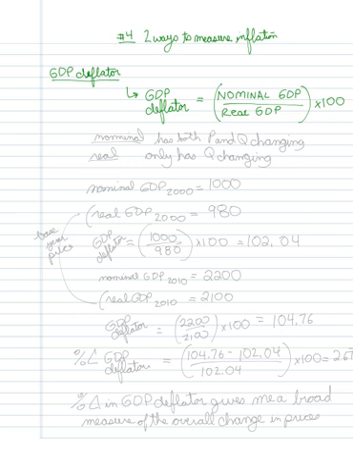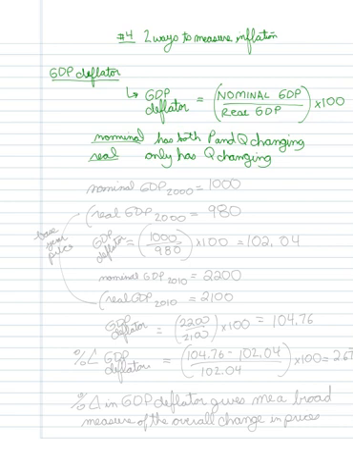Because essentially what differentiates nominal and real is that nominal has both price and quantity changing, and real only has quantity changing. Which would mean that if you took a ratio of the two, you'd be able to see just the price changing by looking at this GDP deflator number.